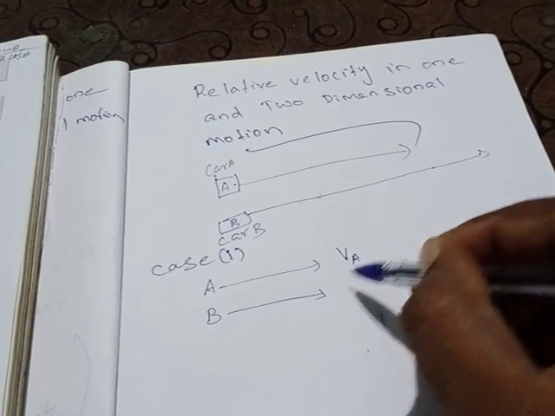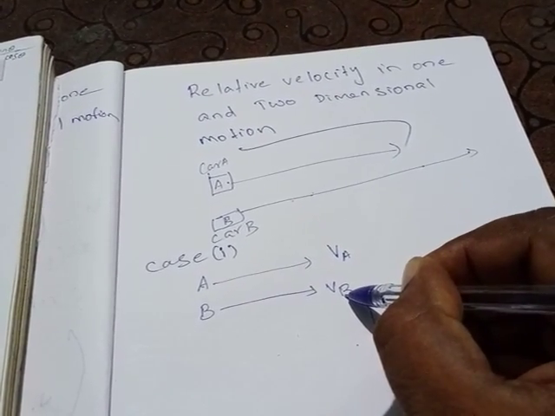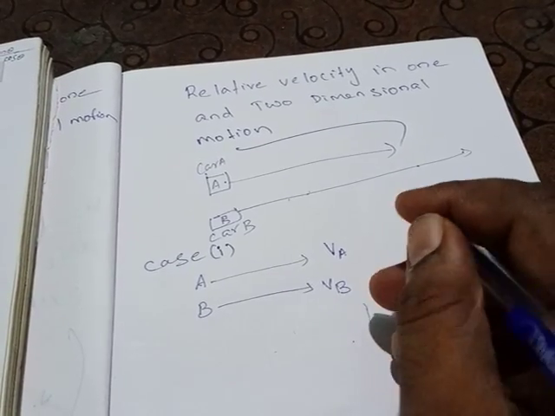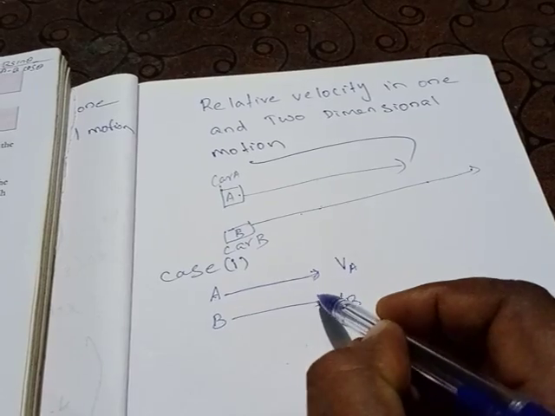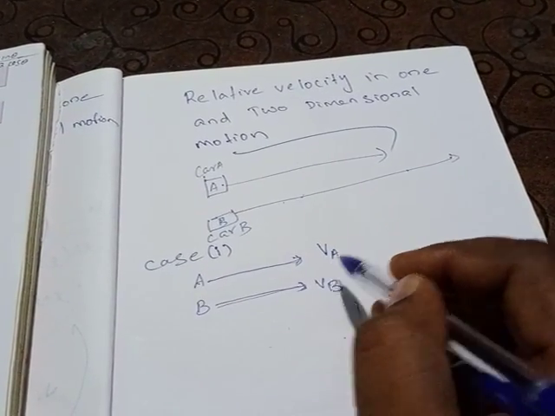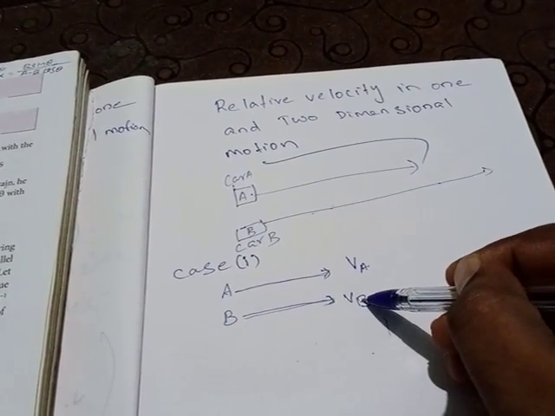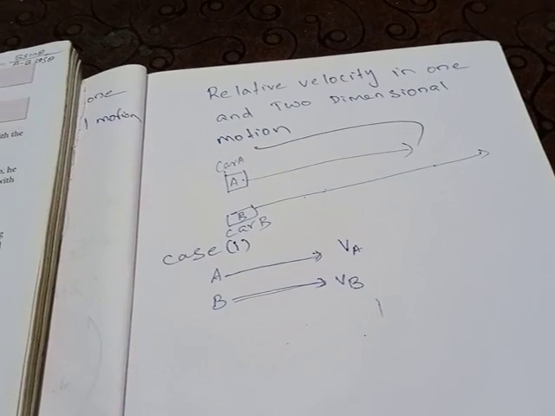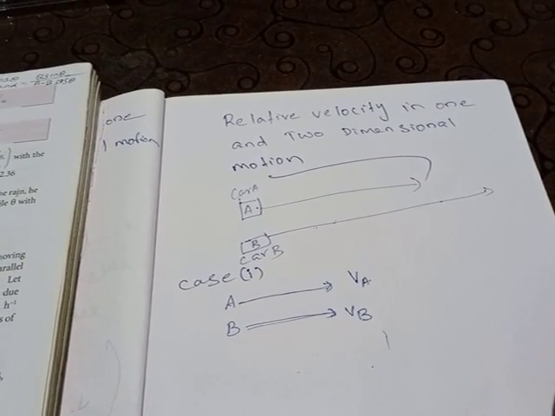One velocity is VA and the other is VB. Both cars are moving in the same direction, and we are comparing VA and VB with respect to the ground.